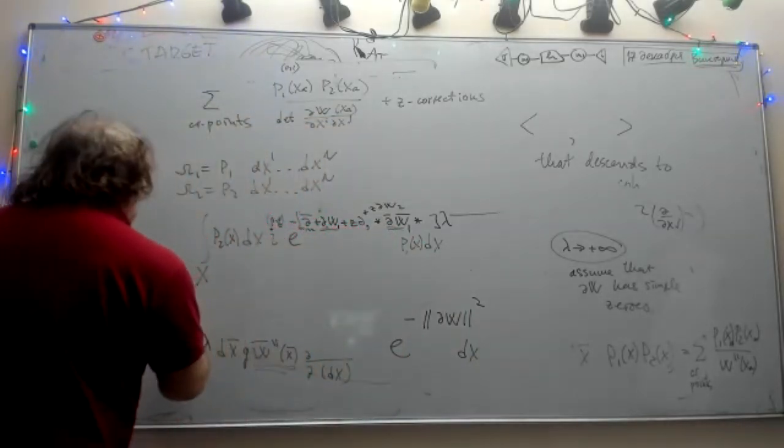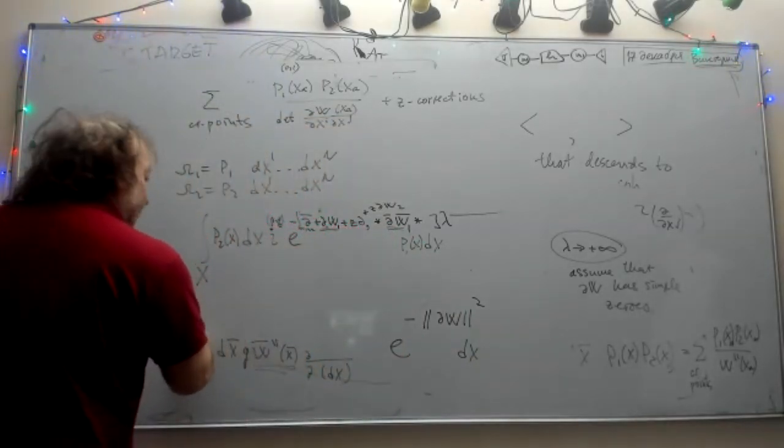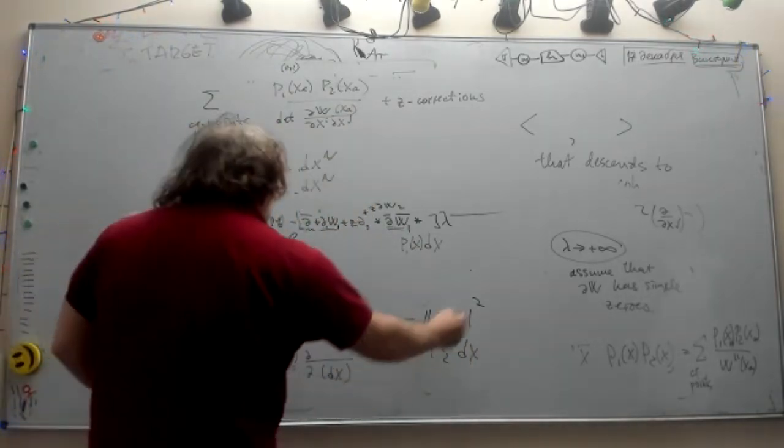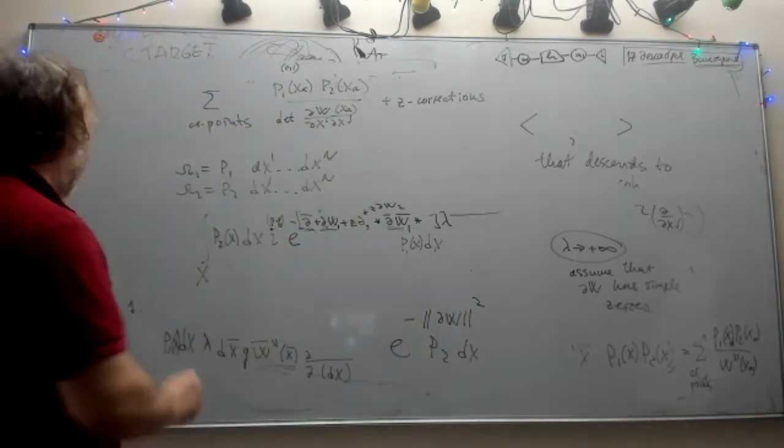So here I have p1 of x dx. Here I have p2 dx. Here I have this regularization factor.